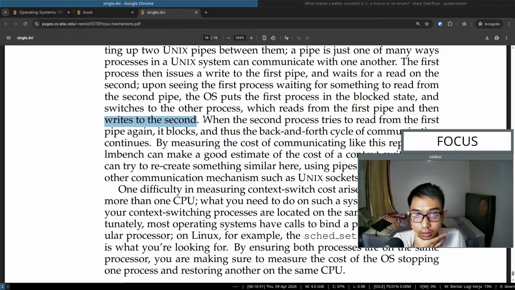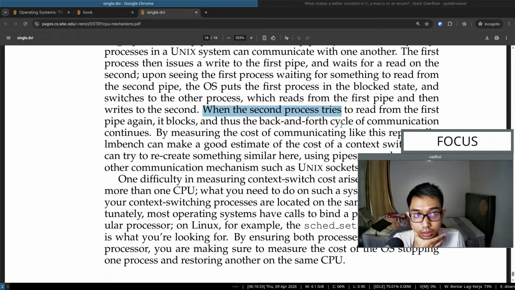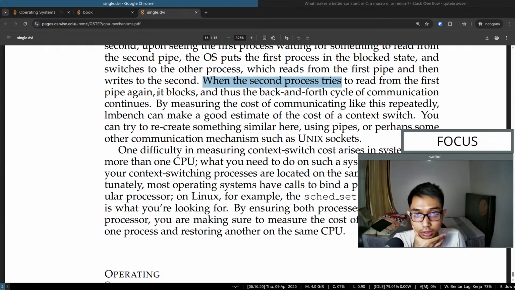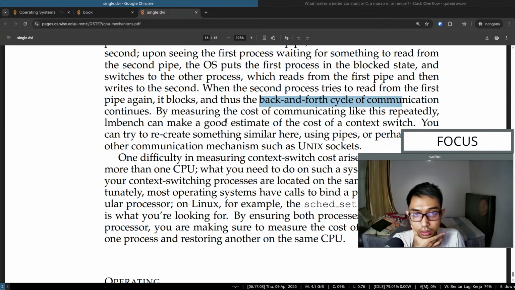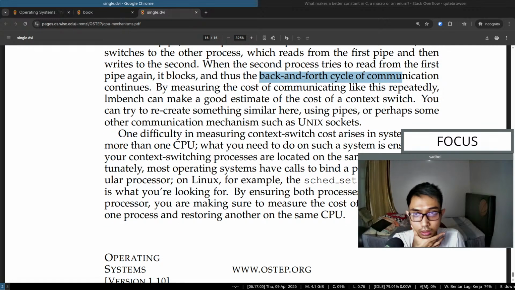Okay. When the second process tries to read from the first pipe again, it blocks. And thus the back and forth cycle of communication continues. Can try to recreate something similar here.